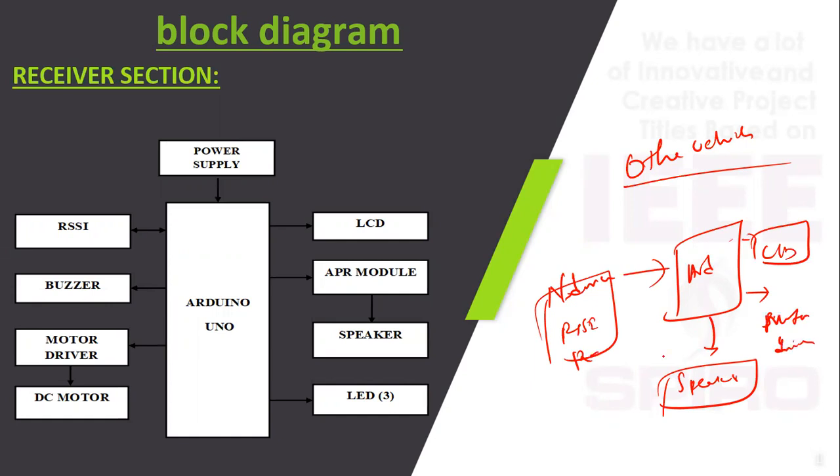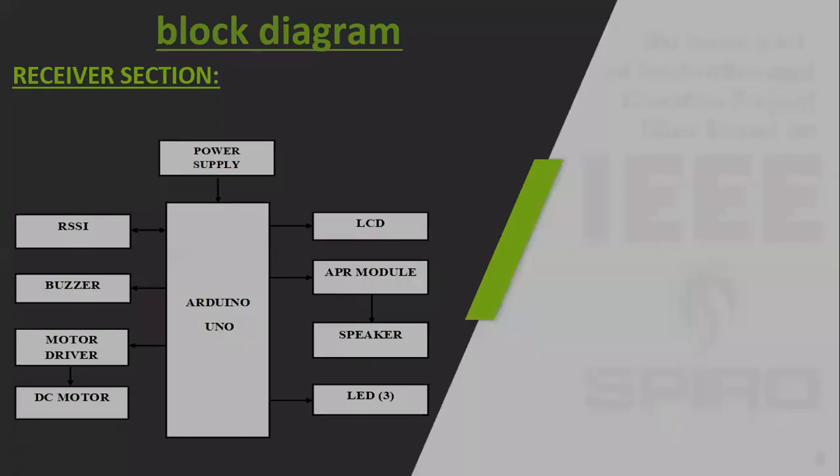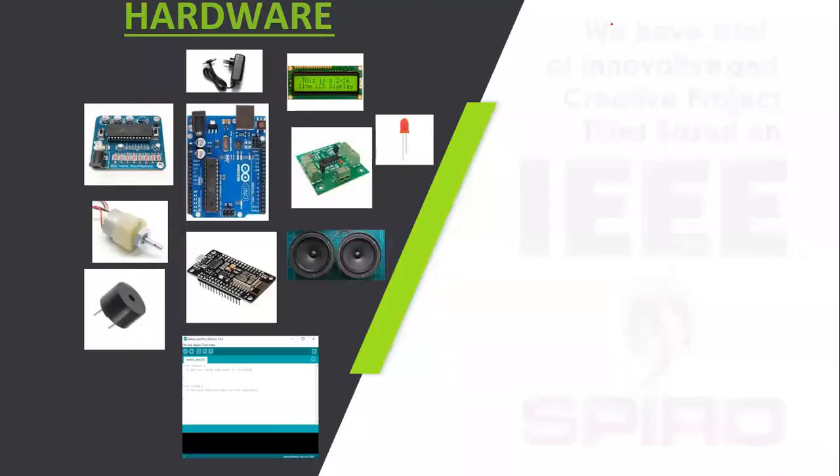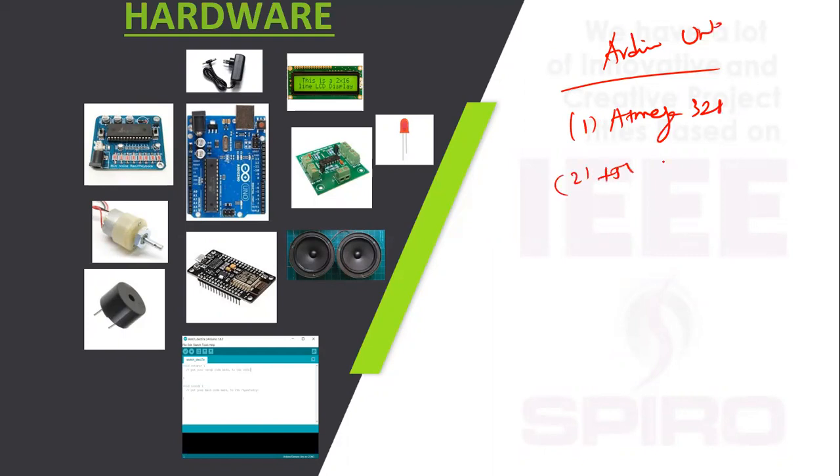Audio is played using the APR module, the audio playback recorder module. So these are the hardware requirements. First one is Arduino. We are using the Arduino Uno. The IC name is ATmega328, and its operating voltage is plus 5 volt DC. Next is its pin configuration.